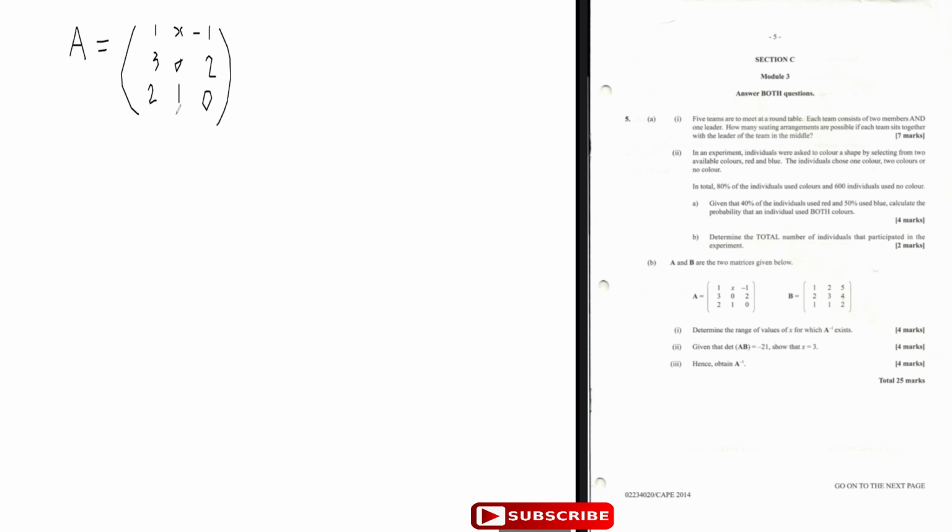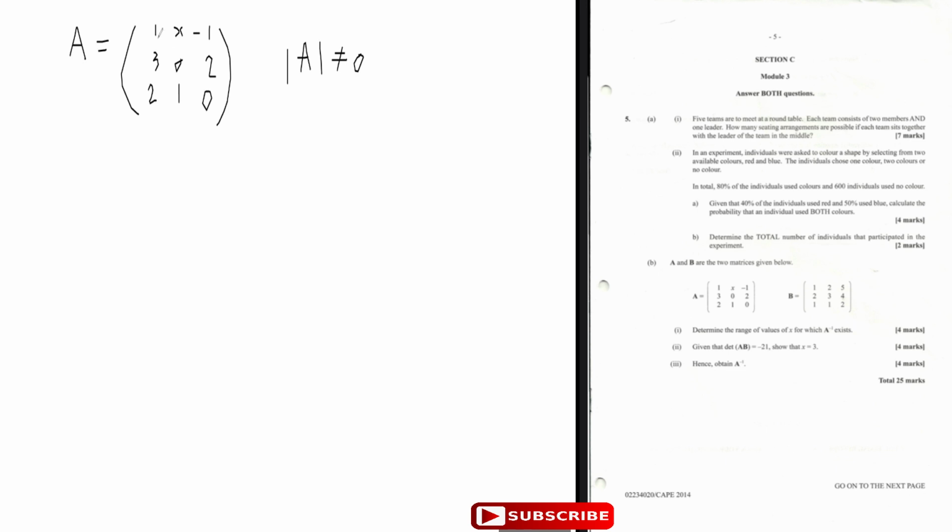To determine the range of values for which A inverse exists, A inverse will exist if the determinant of A is not 0. The determinant of A cannot be 0, because if the determinant of A is 0, it's going to be singular. So we want where the determinant of A is not 0.